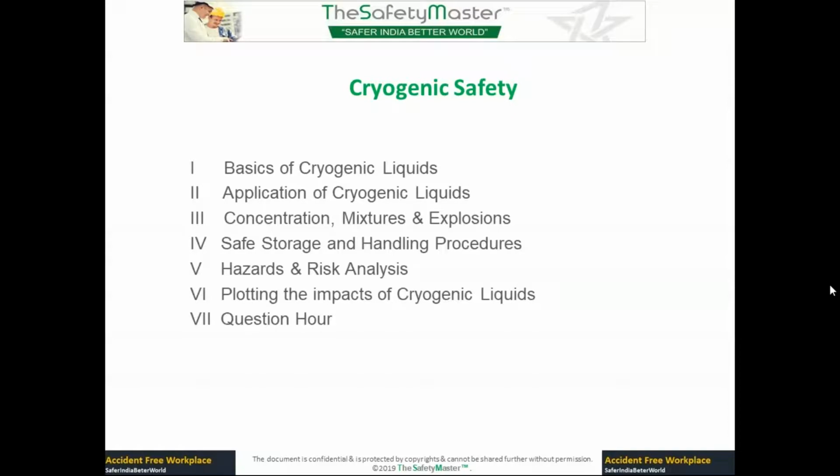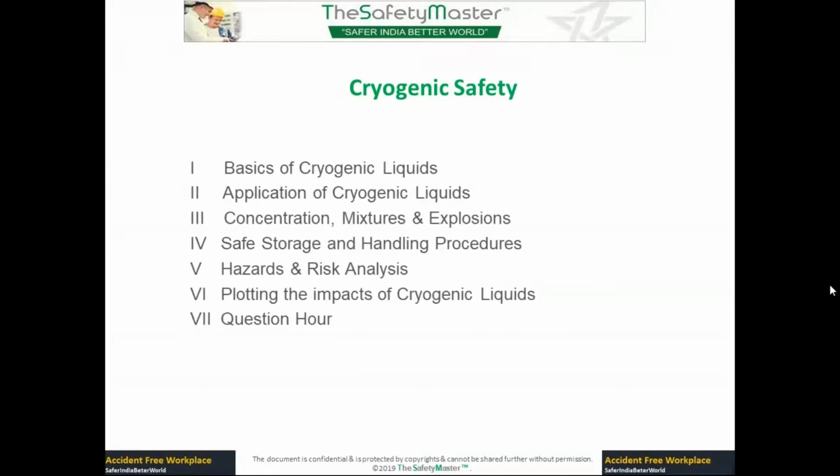Then we look into safe storage and handling procedures related to cryogenic liquids, and we look at the hazards and risk analysis. We'll take a case study and study these hazards and risk analysis. And then we'll look into the impacts of cryogenic liquids and what the future of it is.